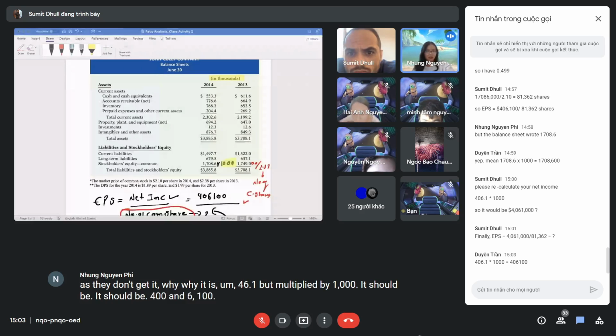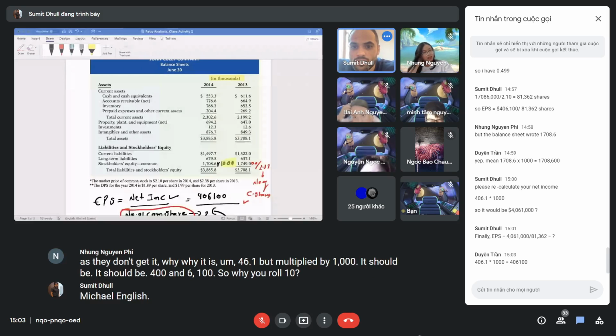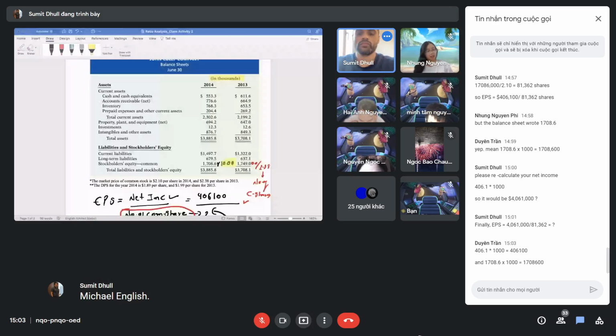So why did you write 1,000? I don't understand. My calculator shows it like this. $406.1 multiplied by 1,000.